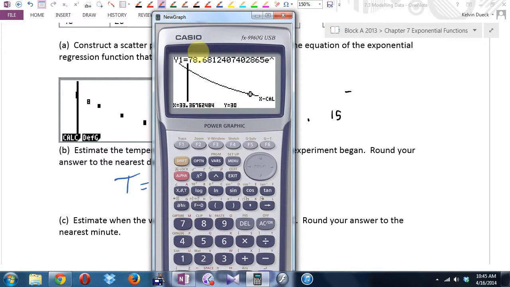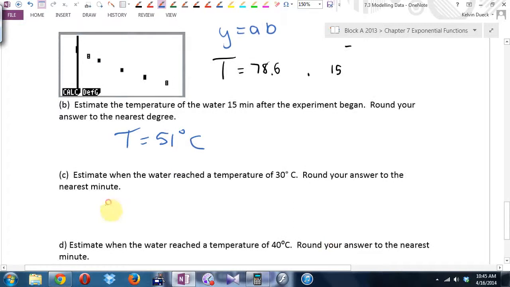Apparently it hits 30 degrees after 33.4, well, it says round your answer to the nearest minute. Approximately 33 minutes, about a half an hour, a little more than half an hour.